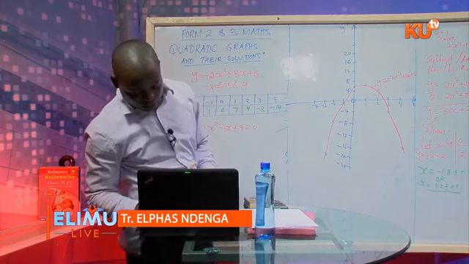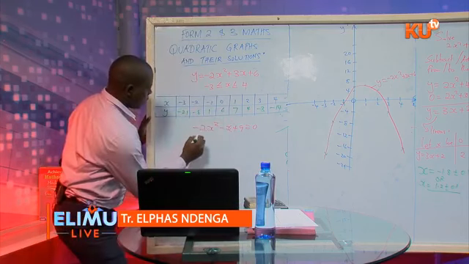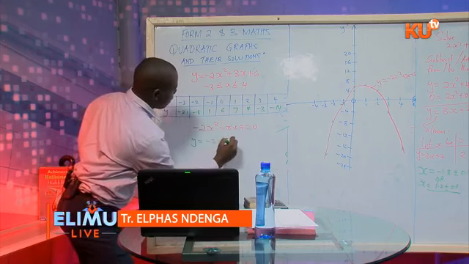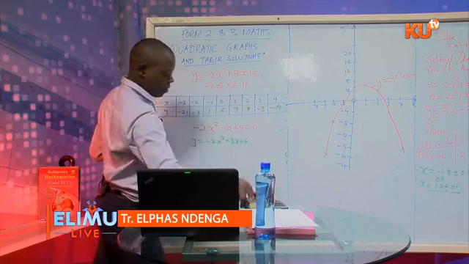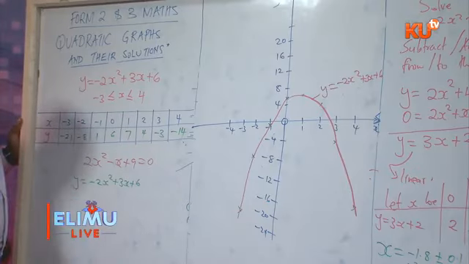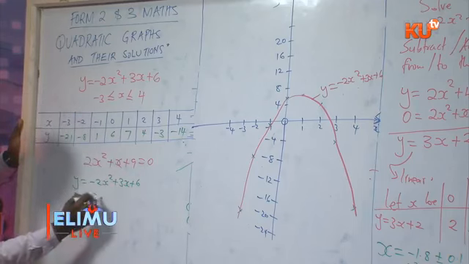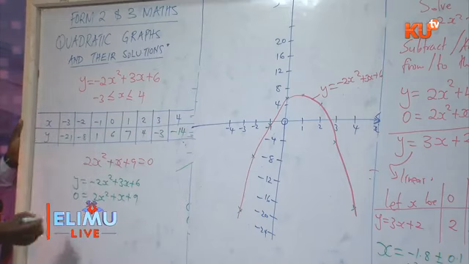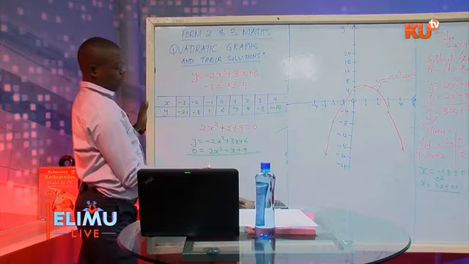And so what we do in this case is we subtract this from the function. We said y is equal to -2x squared plus 3x plus 6. And so we have plus x. In this case, we will not subtract.